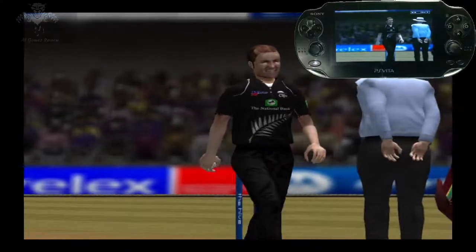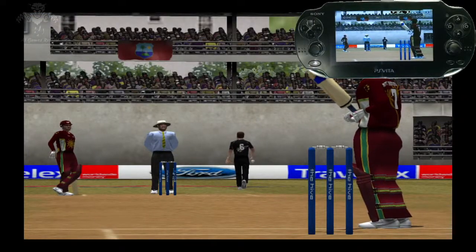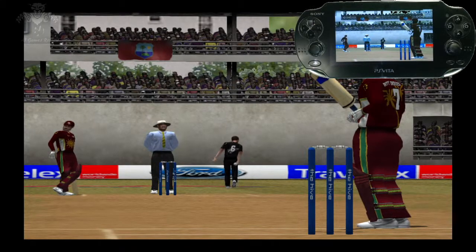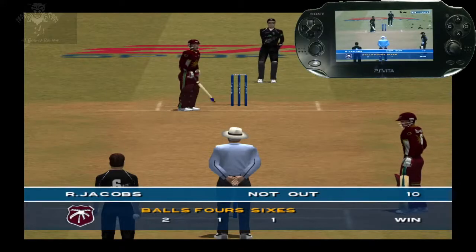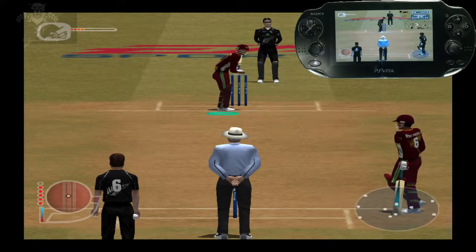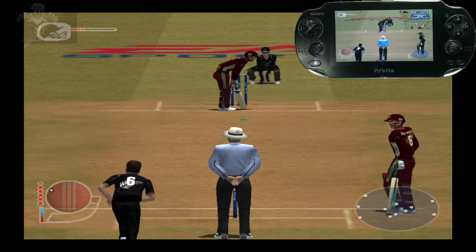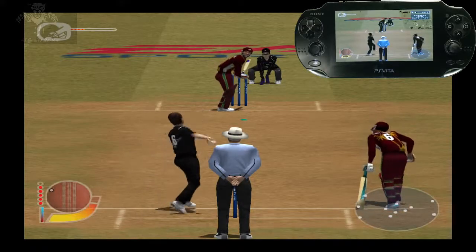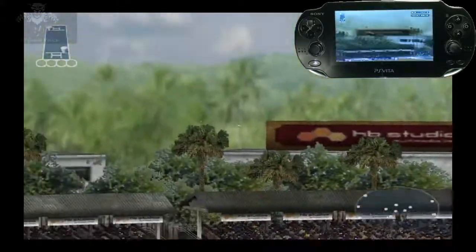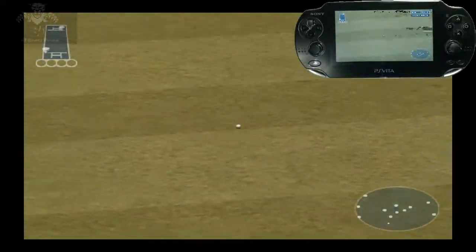West Indies move on to 153. Harris bowled the last ball of the innings. That's a fantastic shot. He really is very good straight down the ground.